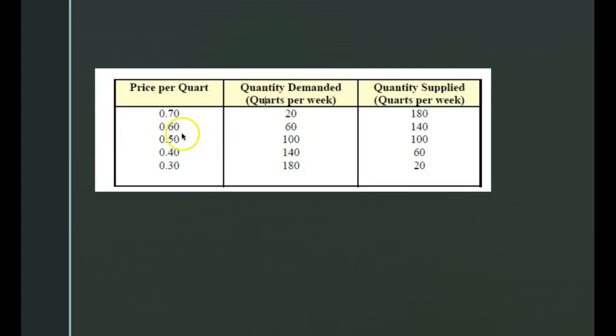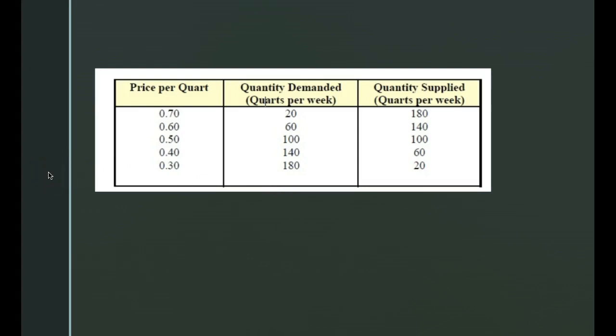At 50 cents, we have an equilibrium, so there is just enough demand and just enough supply. At 0.70, we see that there is an excess supply. 20 is what is demanded, and we have a supply of 180. Only 20 people are going to purchase it. So that's how this works.